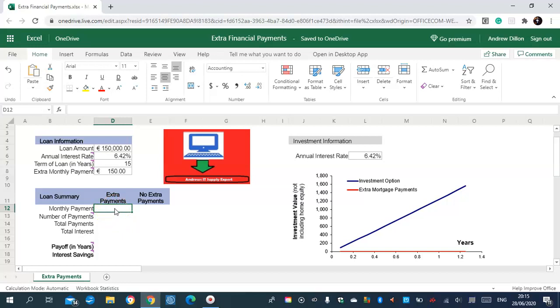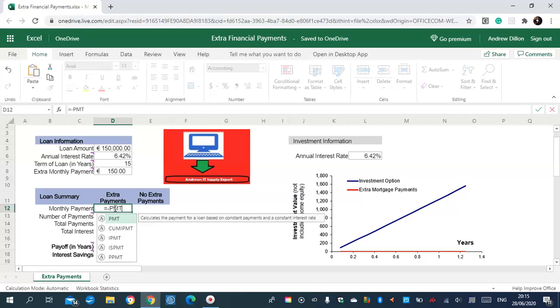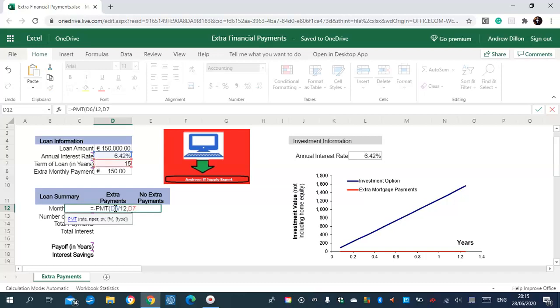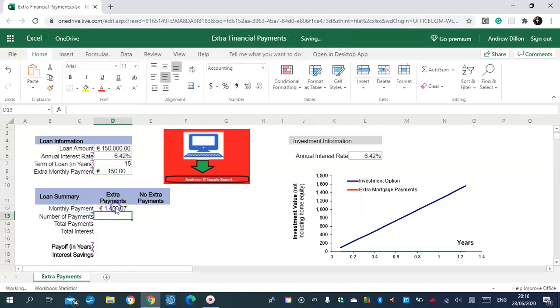Here is how to calculate the monthly payments for extra payments. Oh, that's good. The answer is €1,450.07.